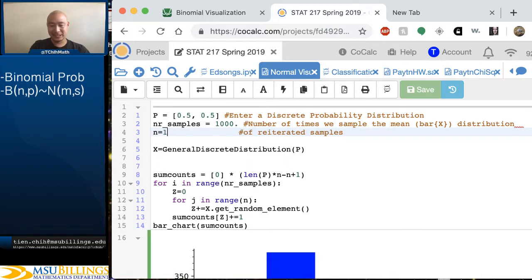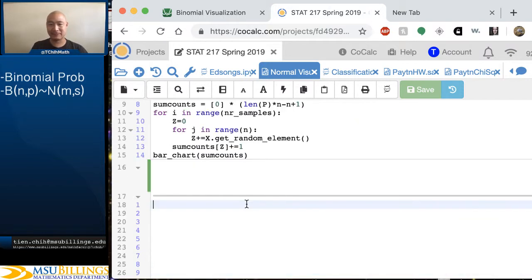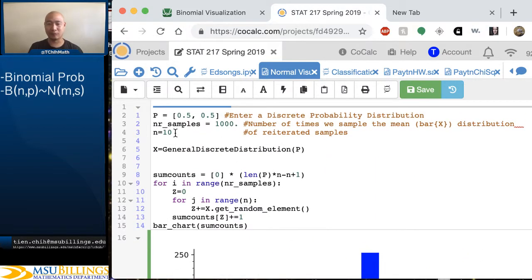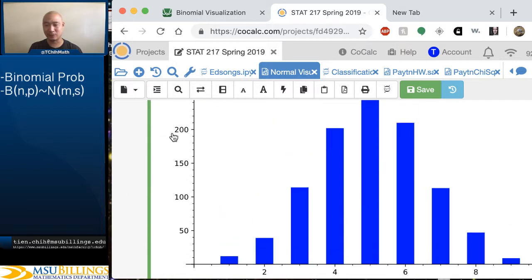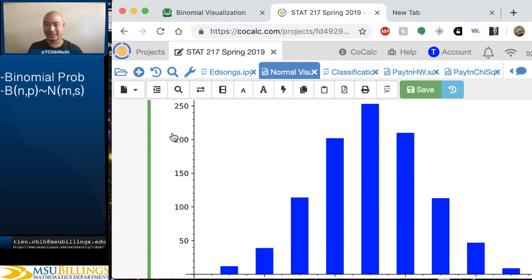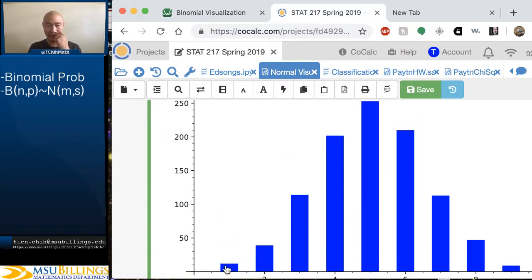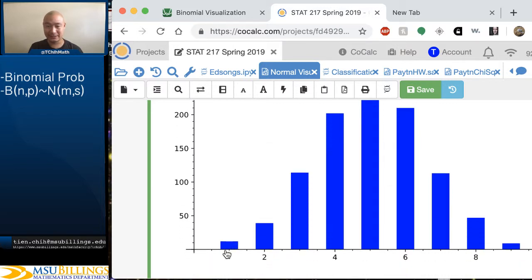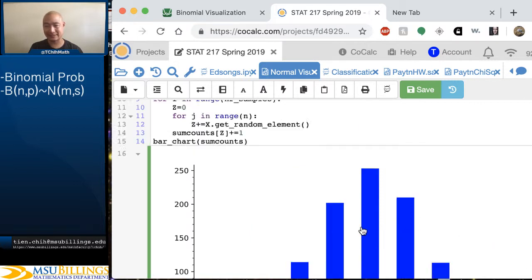But look what happens as I increasingly bump up the number of coins that I flip. So here I'm flipping 10 coins. And what we get here are the outcomes from 0 heads up to 10 heads. The zeros and tens are very small here. So 0, 1, 2, 3, 4, 5, 6, 7, 8, 9, 10.